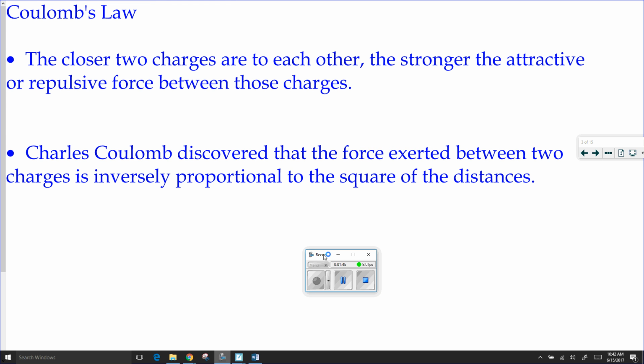So we are already on to Coulomb's law. Sir Charles Augustin Coulomb discovered that the closer two charges are to each other, the stronger the attractive or repulsive forces between those charges. So think about two magnets. If you point the positive end of one magnet to the negative end of another magnet, you will feel an attractive force.